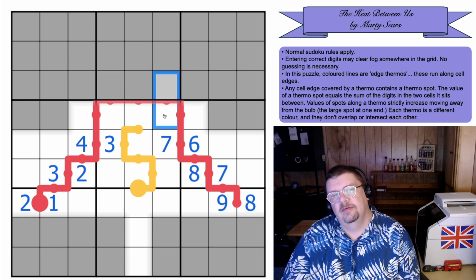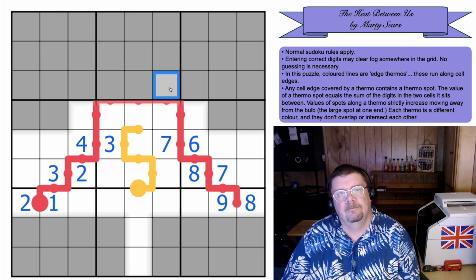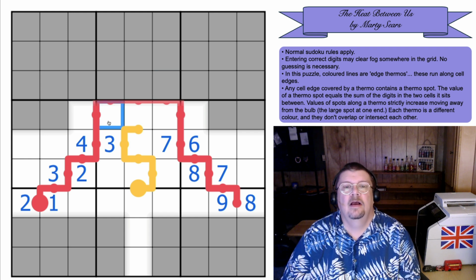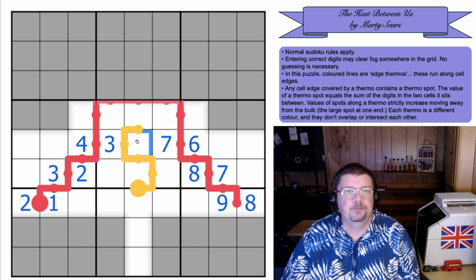And that's going to be 11. But that's going to be the same digit in either case. So this digit is exactly one more than that digit. Yeah, that's going to be the same. Oh, that's going to be the same here too.